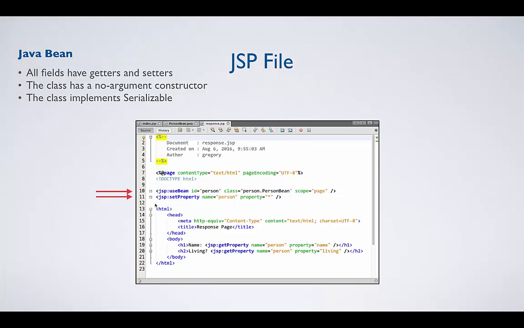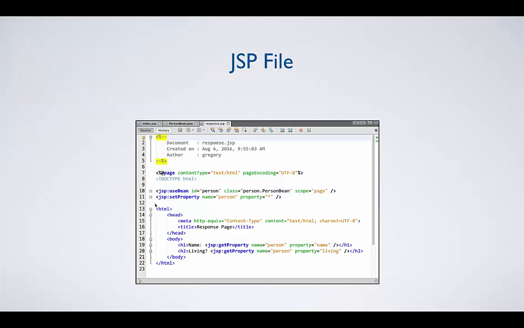Finally, there are JSP:getProperty tags. These use the value of the properties that were stored in the Java Bean fields. One of the fields is named name and the other is named living. And that's a brief glimpse into a JSP file.